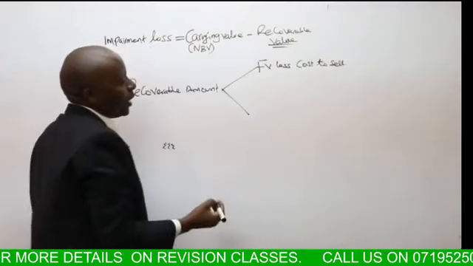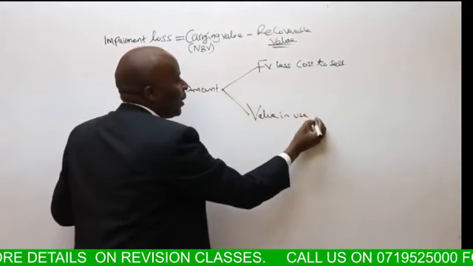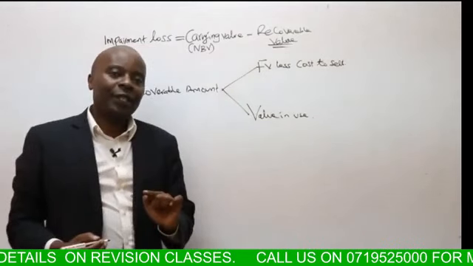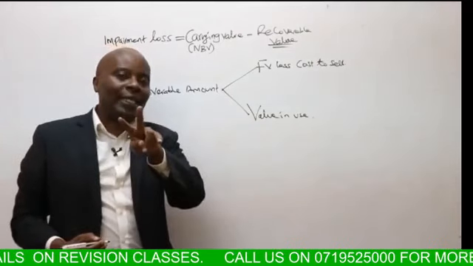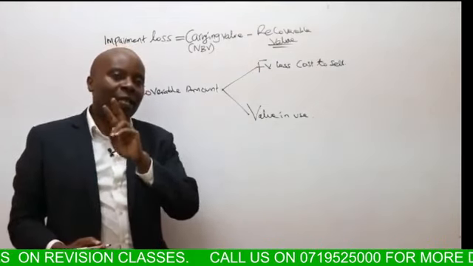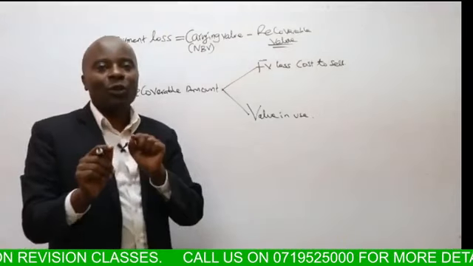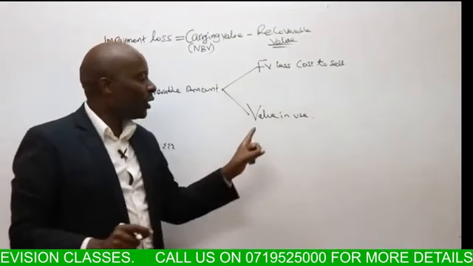And then you have got what we call value in use. Value in use, meaning, ladies and gentlemen, that for any particular asset that you have, you have got always two possibilities, two options. Which options are these? You can continue using it, and if you continue working with it, there is a benefit of using it, what we call the value in use.